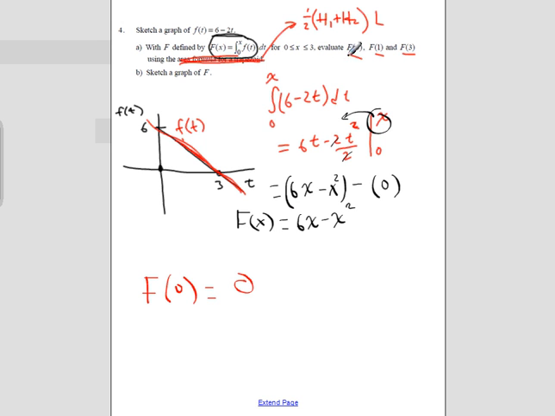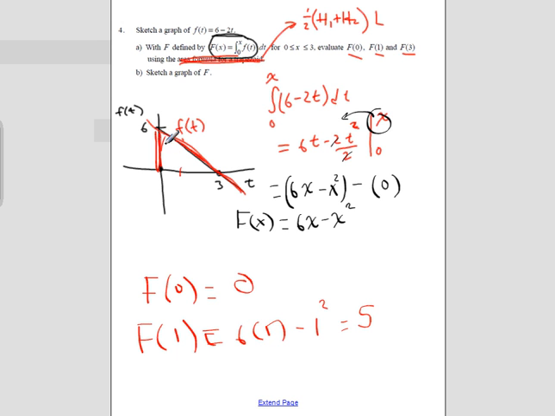And that makes sense because F of 0 would be integrating from 0 to 0. And if you integrate from 0 to 0, there's no width, so your area would be 0. F of 1 would be 6 times 1 minus 1 squared, which is 5.